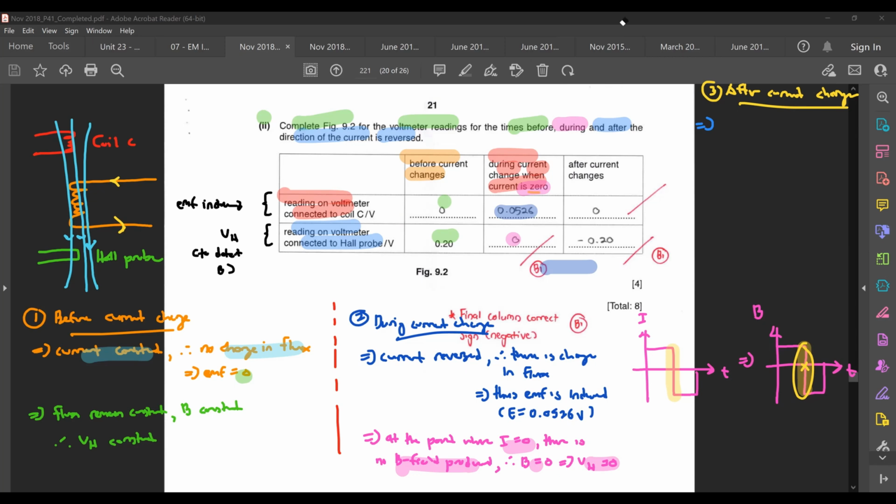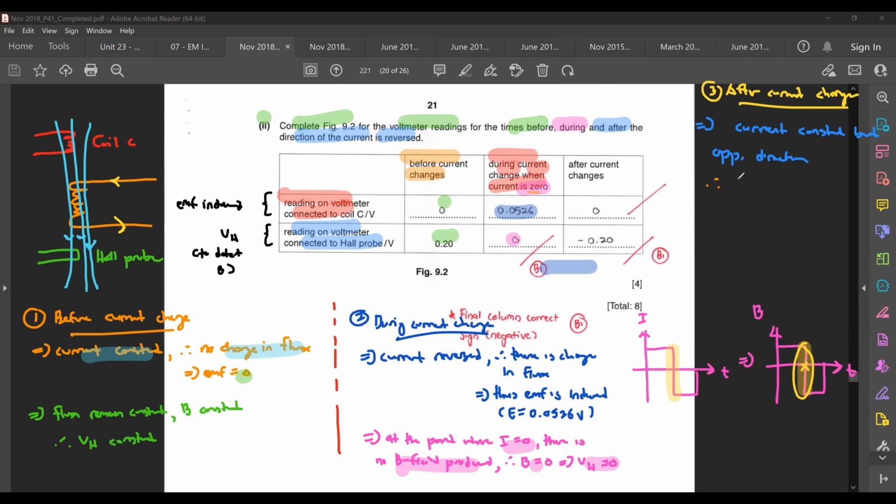After your current change, your current is constant, but opposite direction.